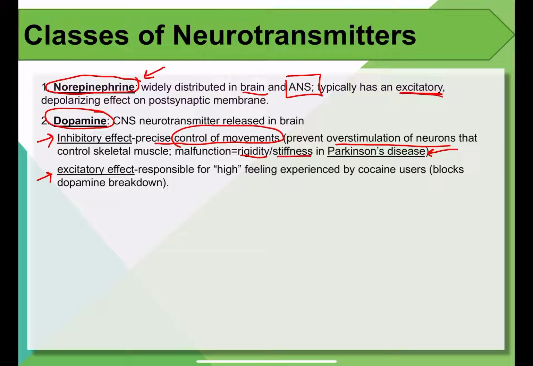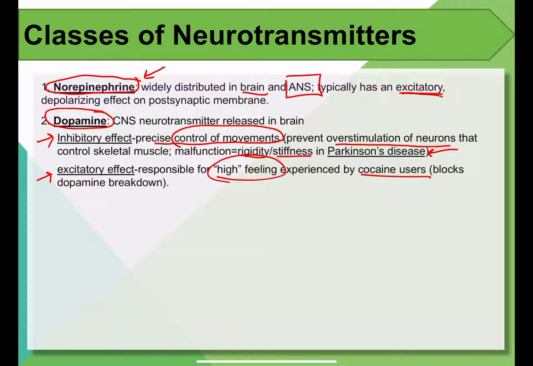Excitatory effect is the other thing dopamine can do, and this is what's responsible for that high feeling one gets, that, for example, drug addicts experience with cocaine users. And that's why they call drugs dope, okay, because it is from overstimulation of dopamine and keeping that dopamine within the synaptic cleft to give you that happiness feeling.